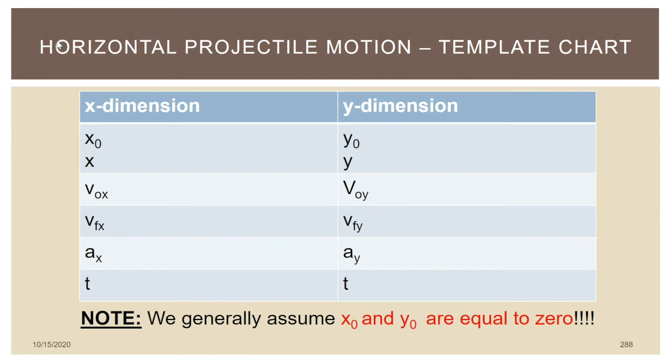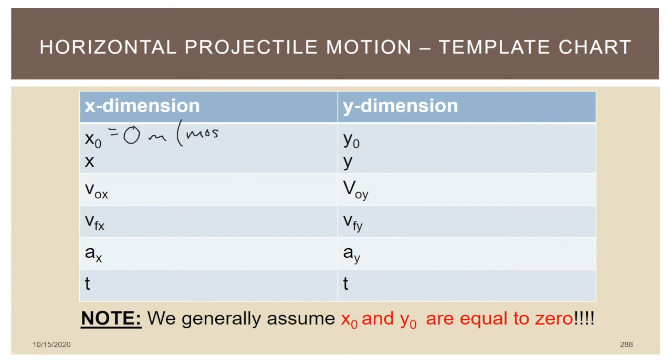And so I think it's a smart idea for us to make a little template chart for what this chart is going to look like for most of these problems. So as we said, for these problems, we're almost always going to call the initial position 0 meters.